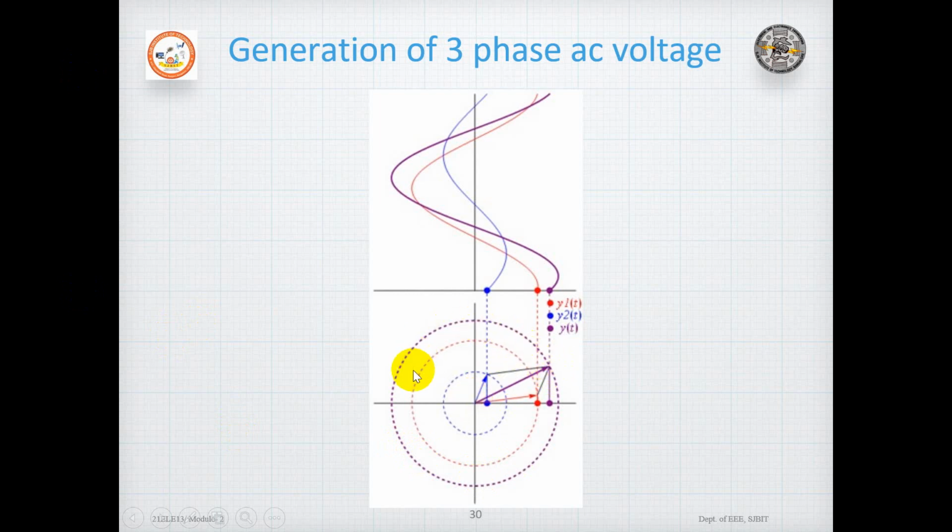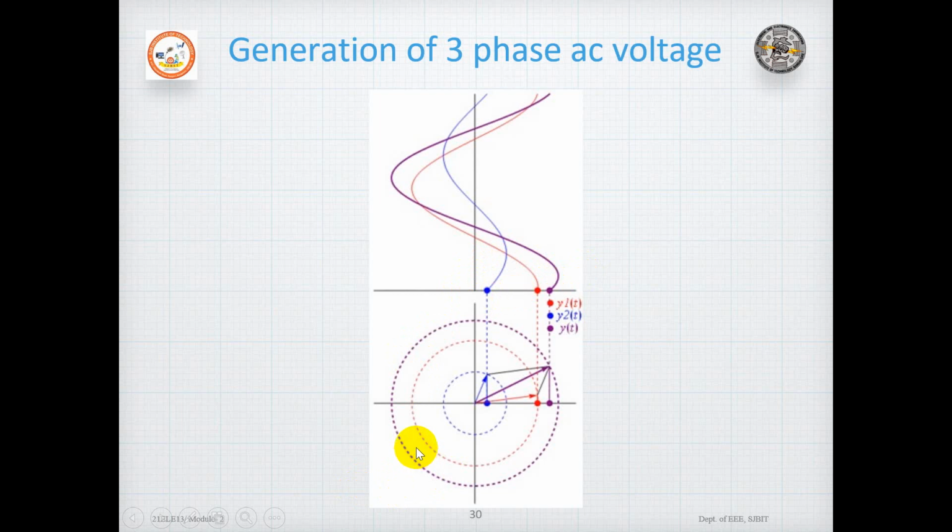When you rotate a conductor, let us assume we have three conductors, R, Y, and B. Instead of differentiating with actual colors, we differentiate them in three colors, so each phase is represented by a color here.